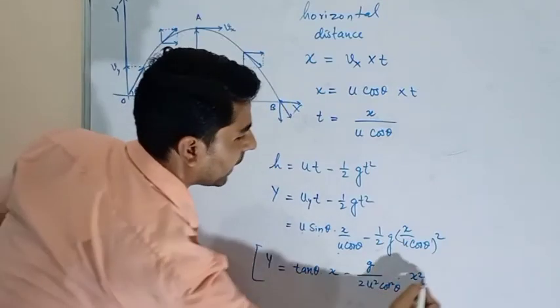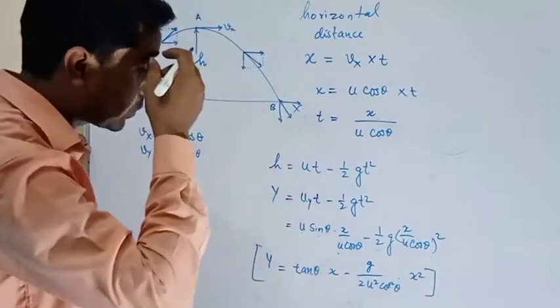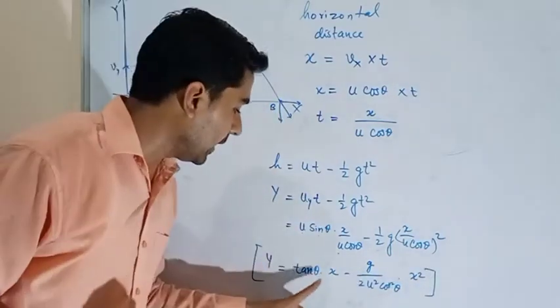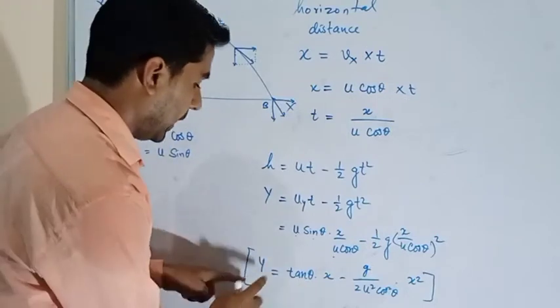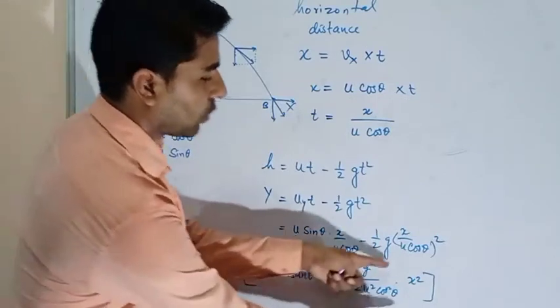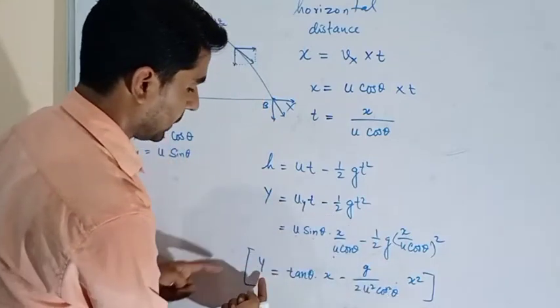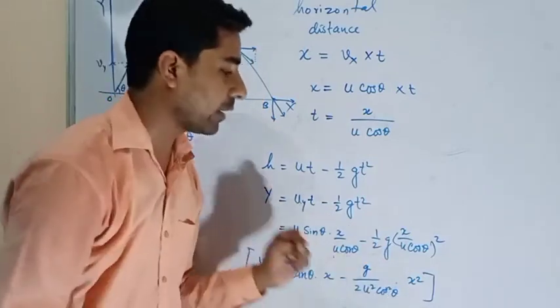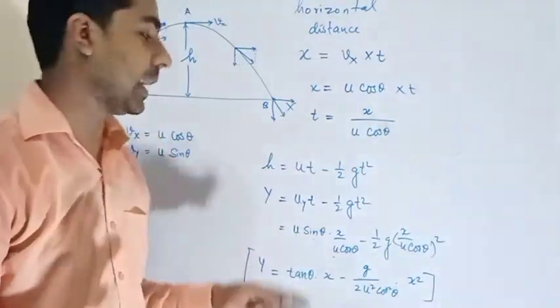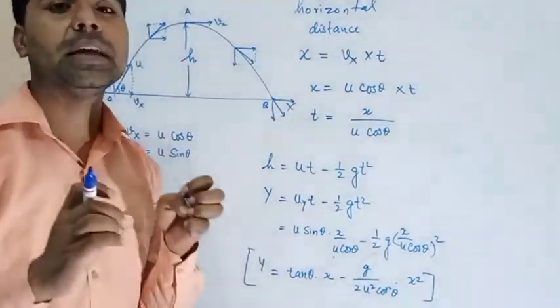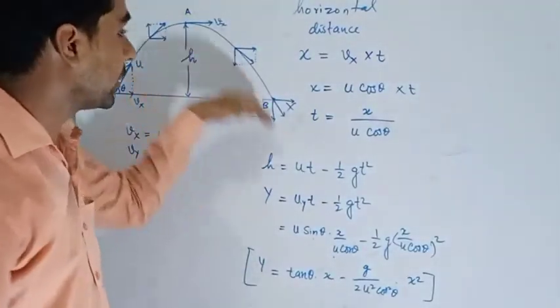See here why I have separated the x square, because the equation is linear in y and quadratic in x. See this equation, linear in y and quadratic in x. This type of equation gives information that the equation represents the parabola, means trajectory of the object.